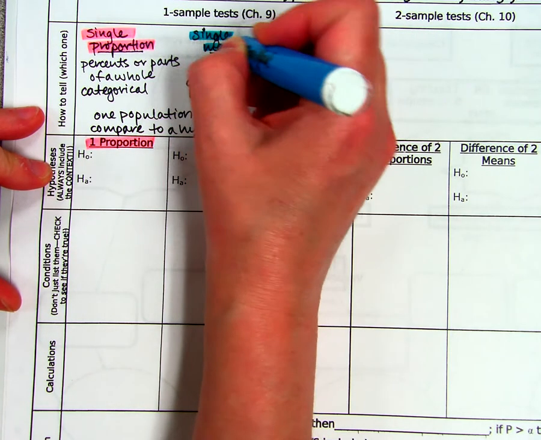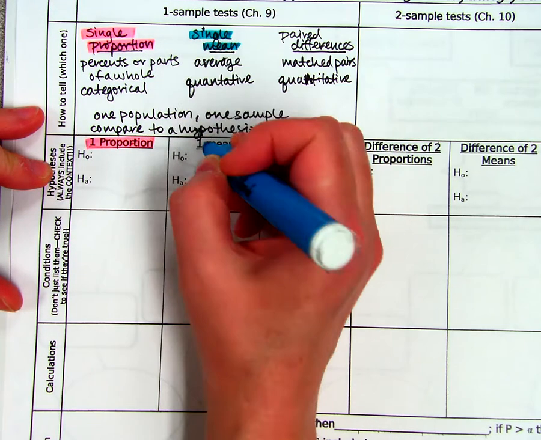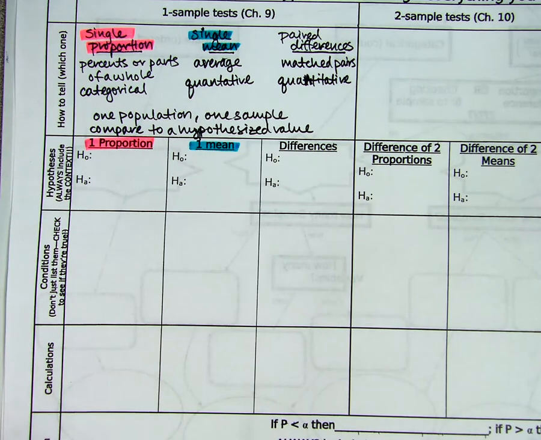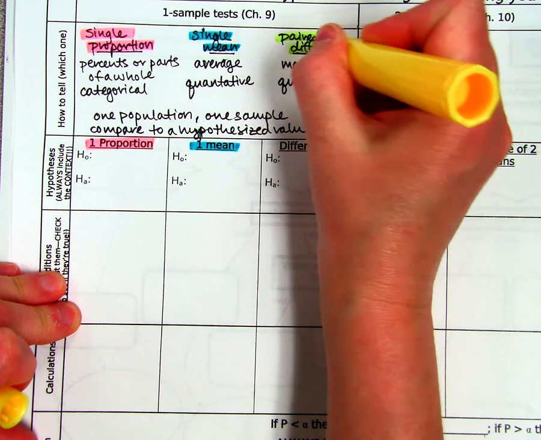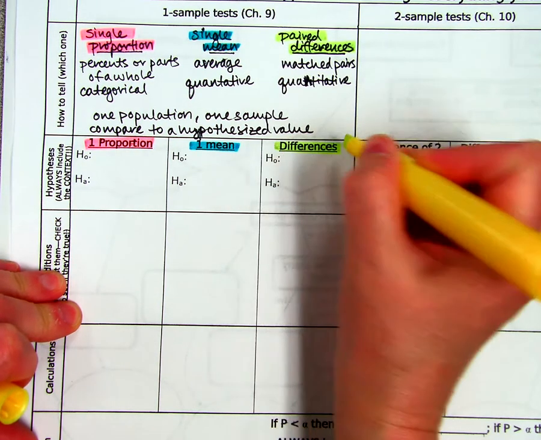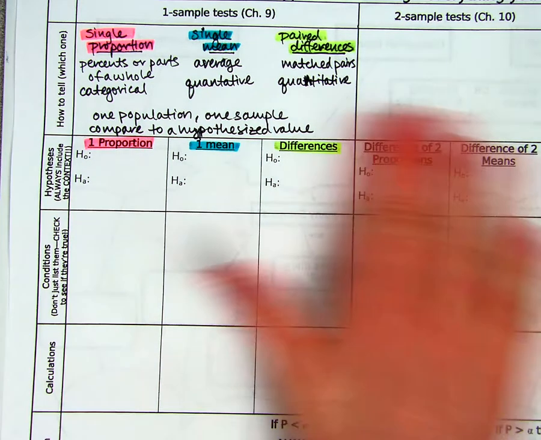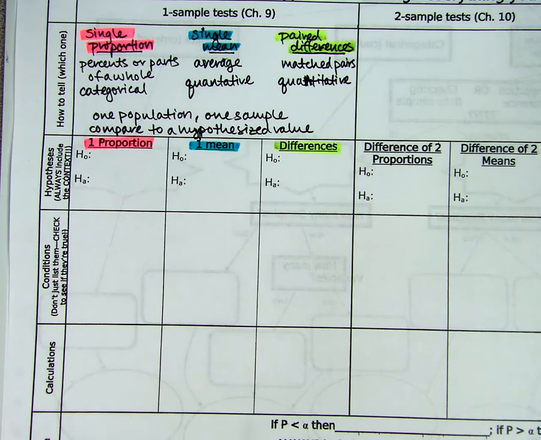Don't have a good reason for that. And I'm going to use yellow for paired differences. And then I'm going to use some other colors for the rest of this chart, but we're not going further in this video. So let's remind ourselves of how to do hypotheses.